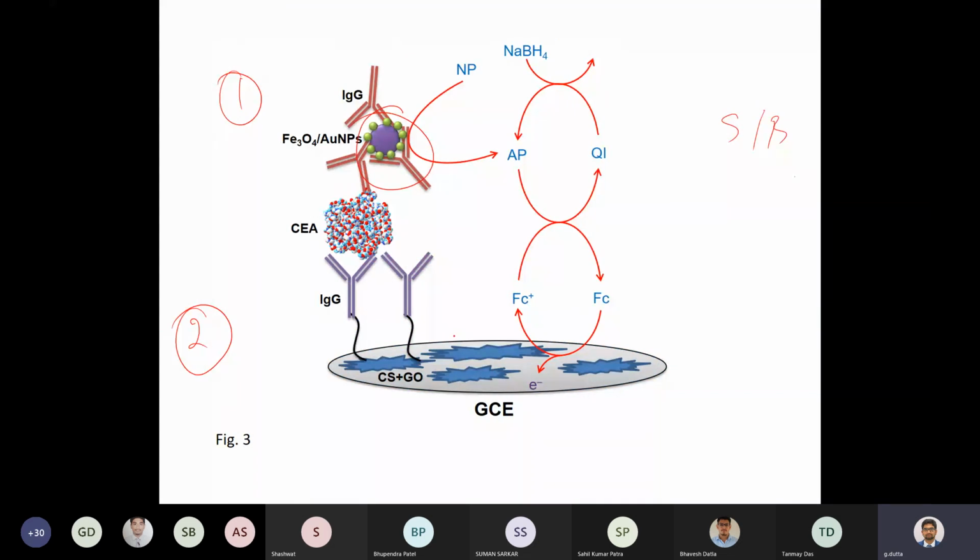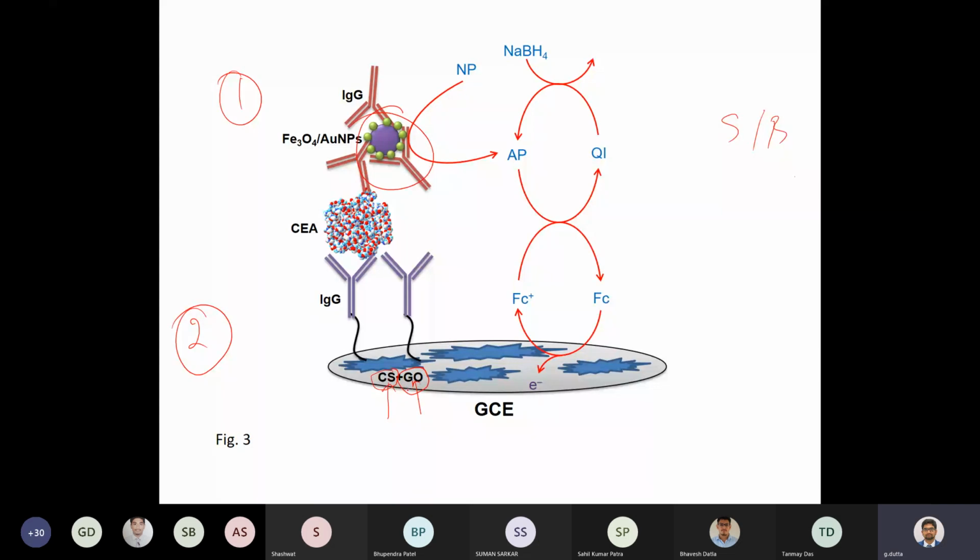When he was going to do some experiment here, he changed the surface modification. He used graphene oxide and some CS, meaning another linker, something like Tyrosine, that helps to bind the graphene oxide on the surface. So this Tyrosine they used with the graphene oxide.